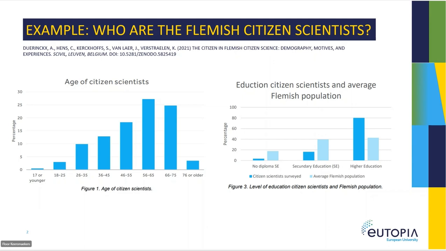But just as a very short introduction, here we have an example that I took from a report from the Flemish Knowledge Center on citizen science, just to address specifically in citizen science the matter of inclusion and representation. And as you can see, there's a bit of a typical distribution there when it comes to age, when it comes to higher education, that you may or may not be familiar with.